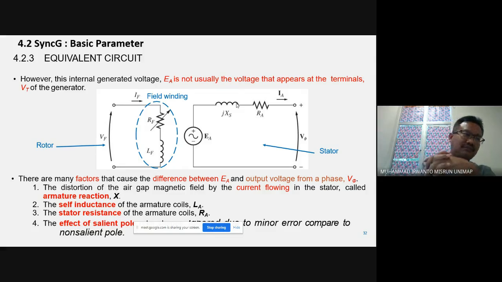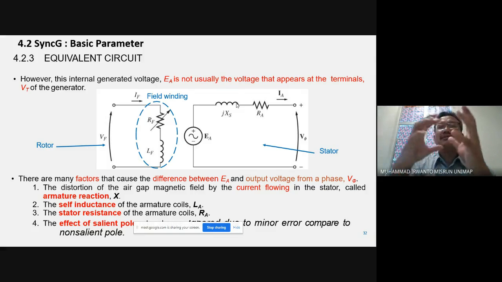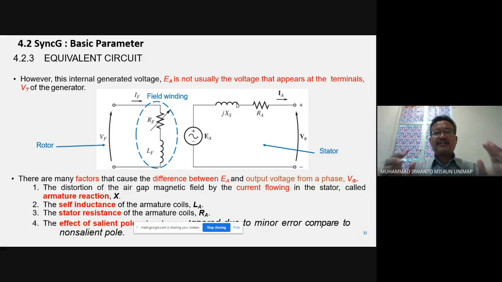Some factors cause the internal generated voltage EA to not be the same as the phase voltage or terminal voltage.